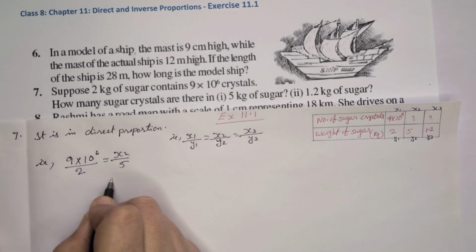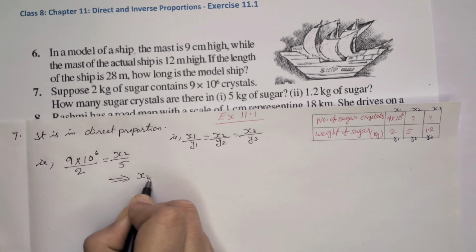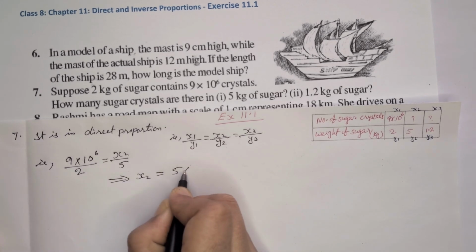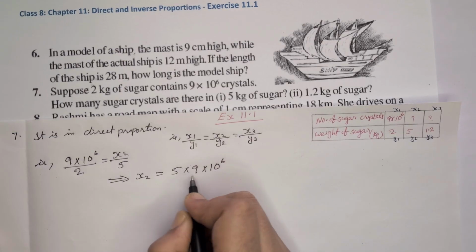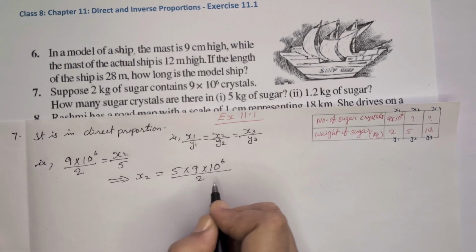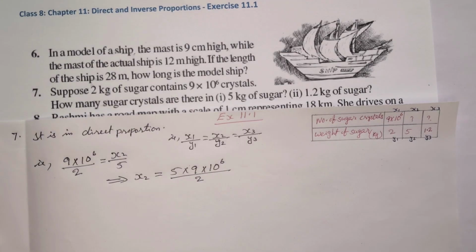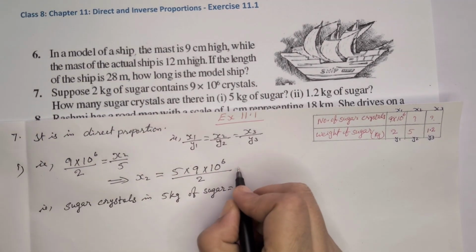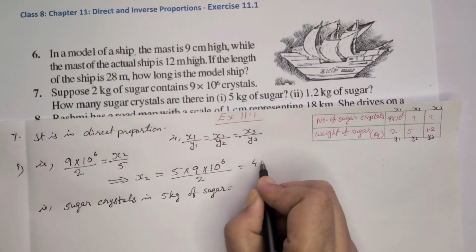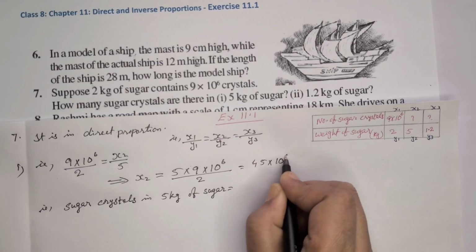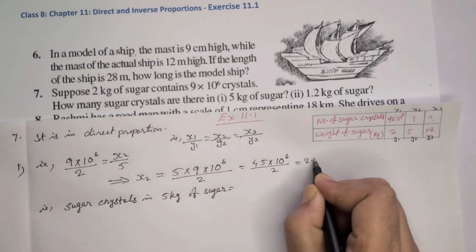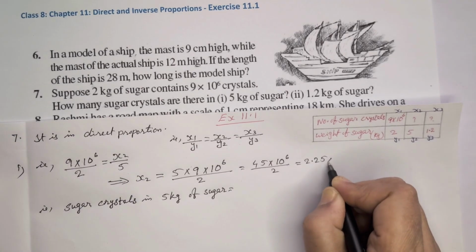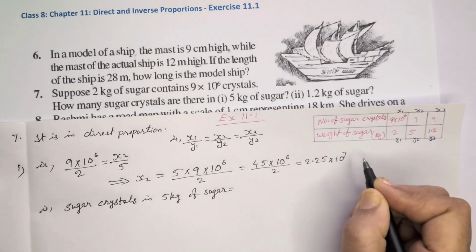When we are cross multiplying, we will get x2 is equal to 5 into 9 into 10 raised to 6 divided by 2. When we are multiplying 5 into 9, 45 into 10 raised to 6 by 2, that is equal to 2.25 into 10 raised to 7.